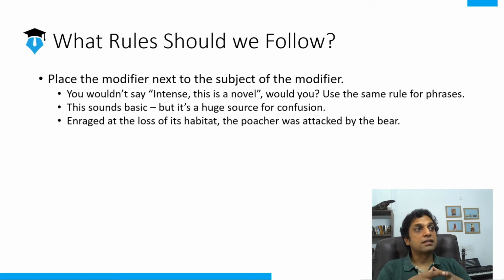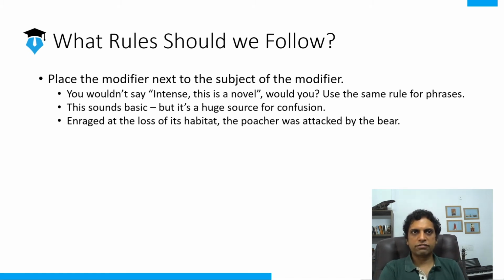So, another example, enraged at the loss of its habitat, the poacher was attacked by the bear. Who or what is enraged at the loss of its habitat? It should answer that question. You wouldn't be referring to a poacher as an it, you would be referring to a bear as an it. So, therefore, what do you do here?